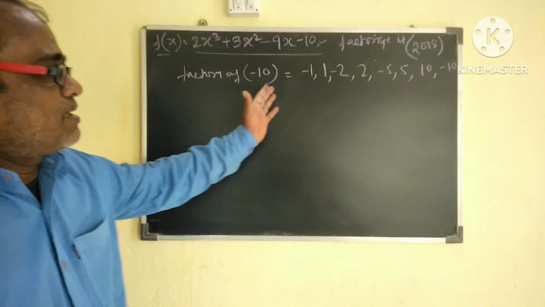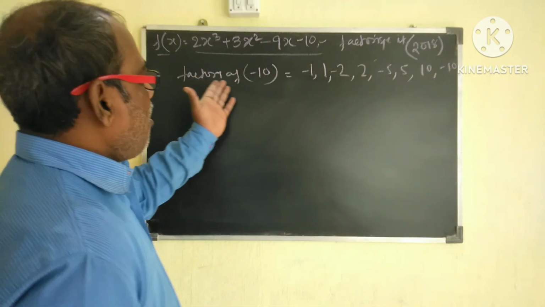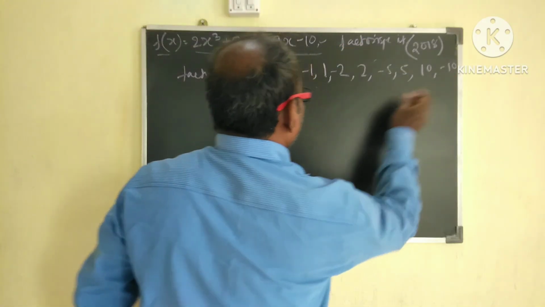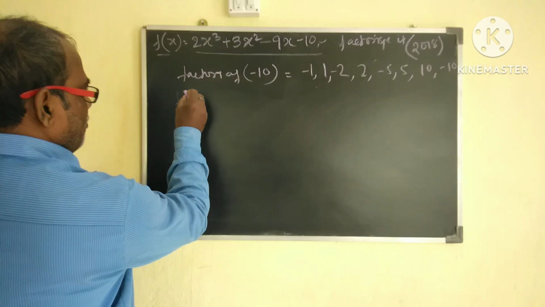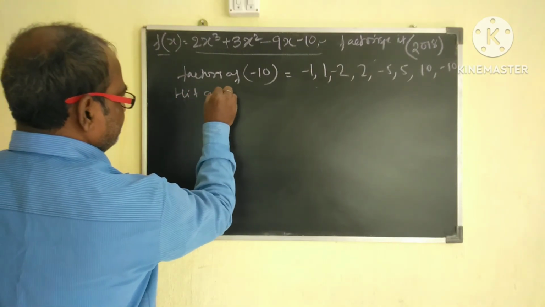Out of these you can get one of the roots by putting in the values, f of minus 1. So write down here the hit and trial method.